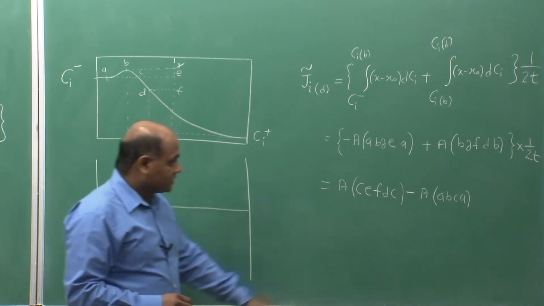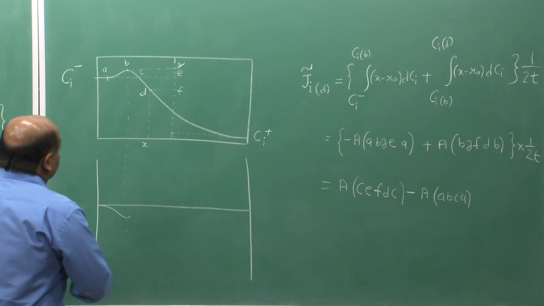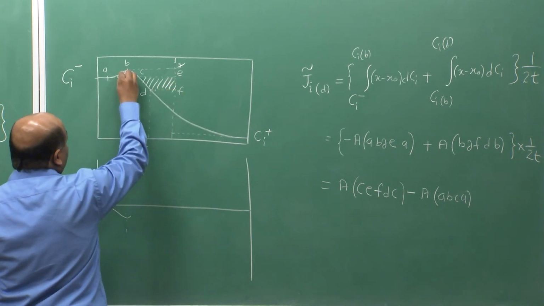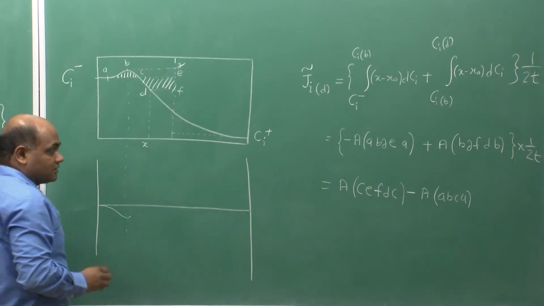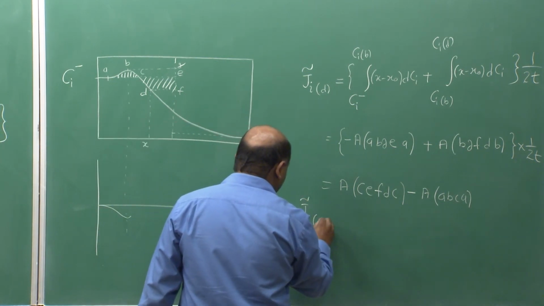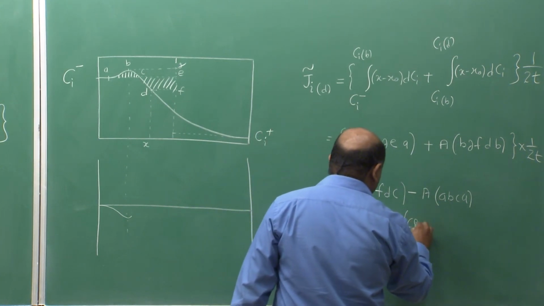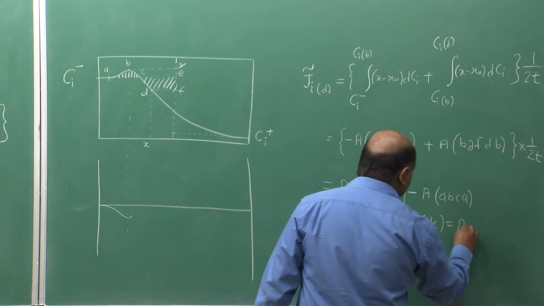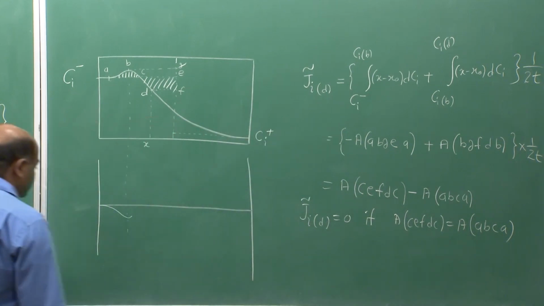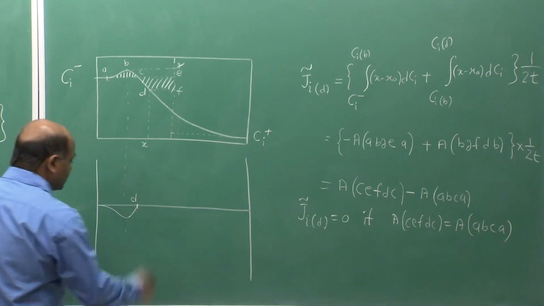Now, what if the two areas are equal? So, this area is equal to this area, then obviously the flux at point D here would be 0 if area C E F D C equals area A B C A. This is point D here.